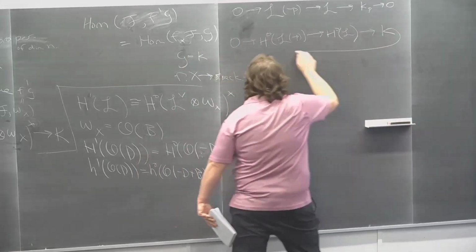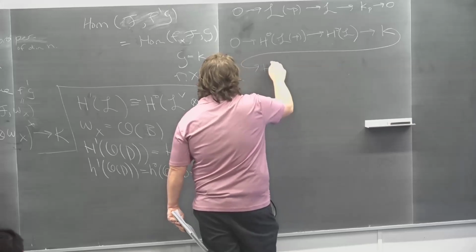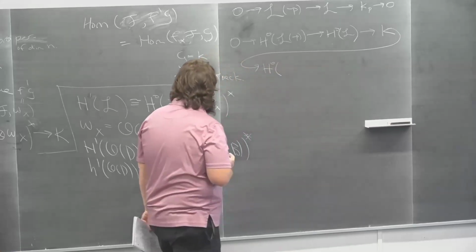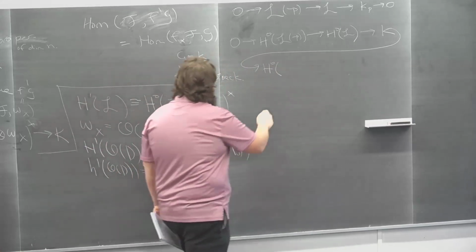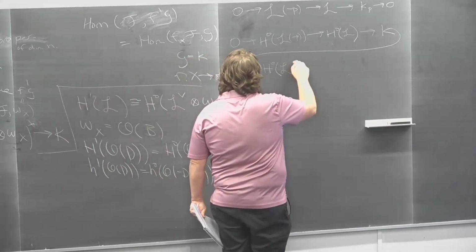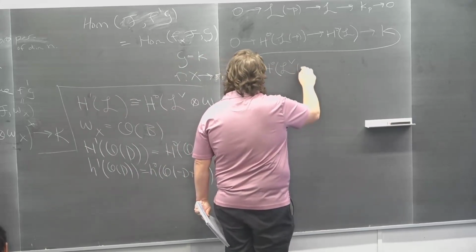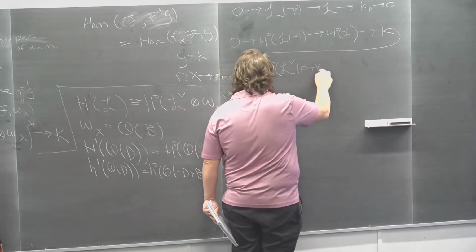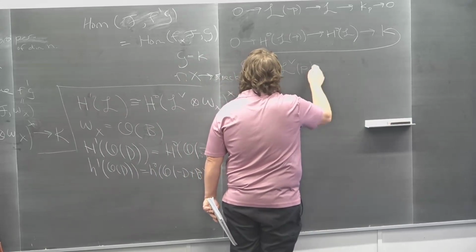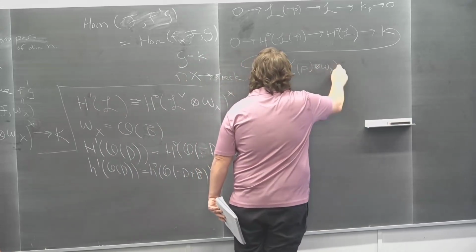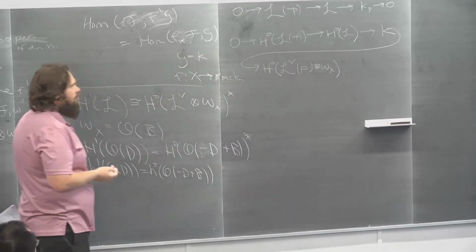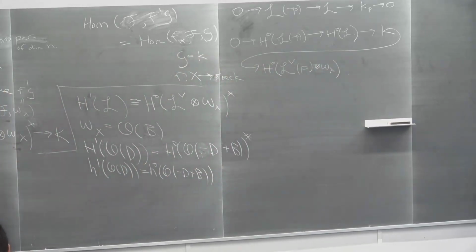I have the connecting homomorphism. And now I can write this next guy as L dual tensored with the canonical. The dual of O of minus P is O of P.